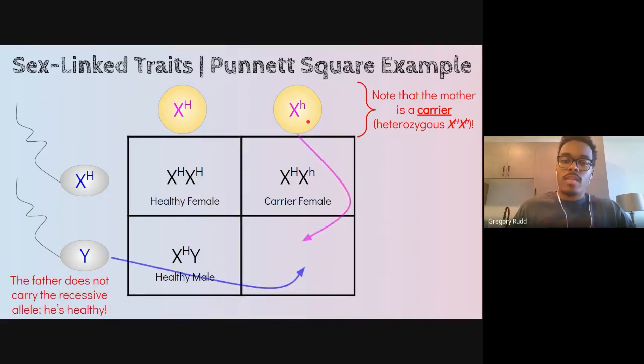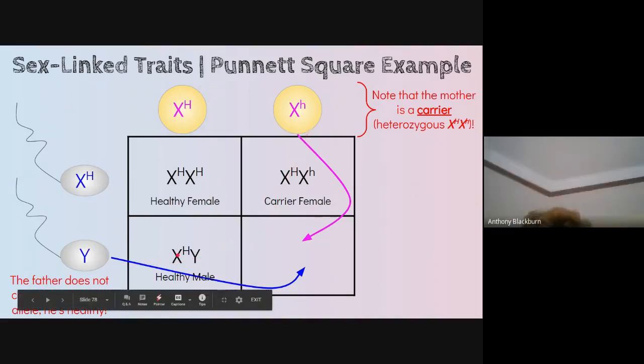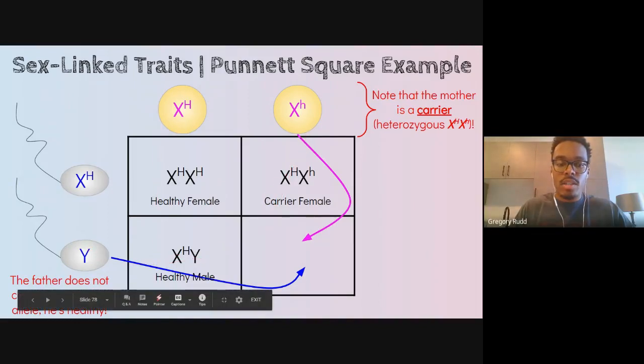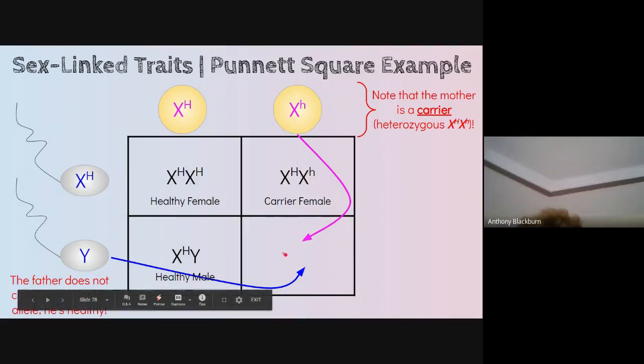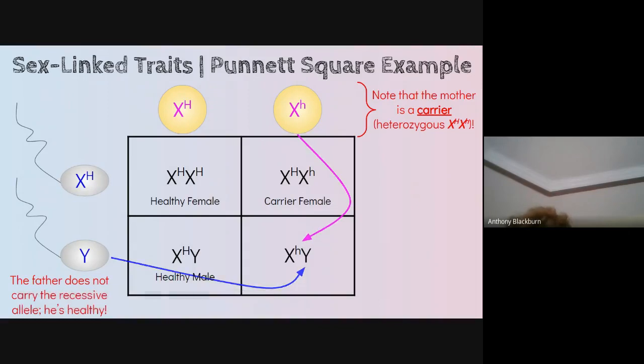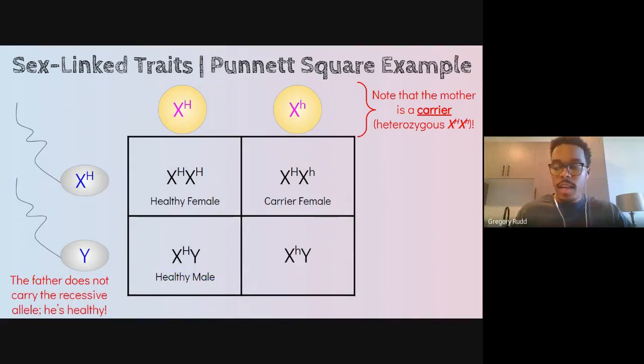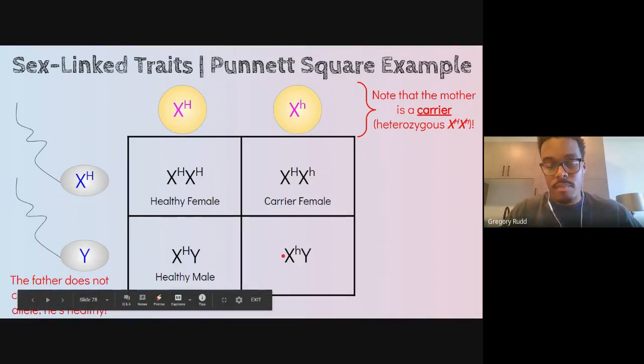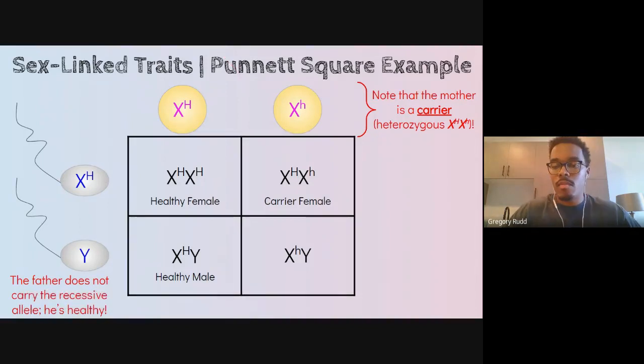So we drop down the recessive allele. It's going to be X lowercase h, Y. So what is this person's phenotype? Be careful. Make sure that's a lowercase h. It should be a recessive h.